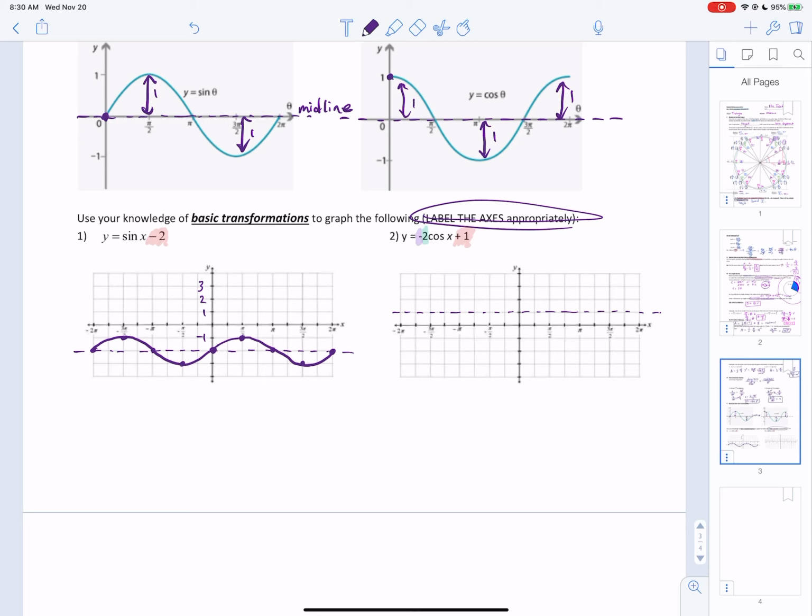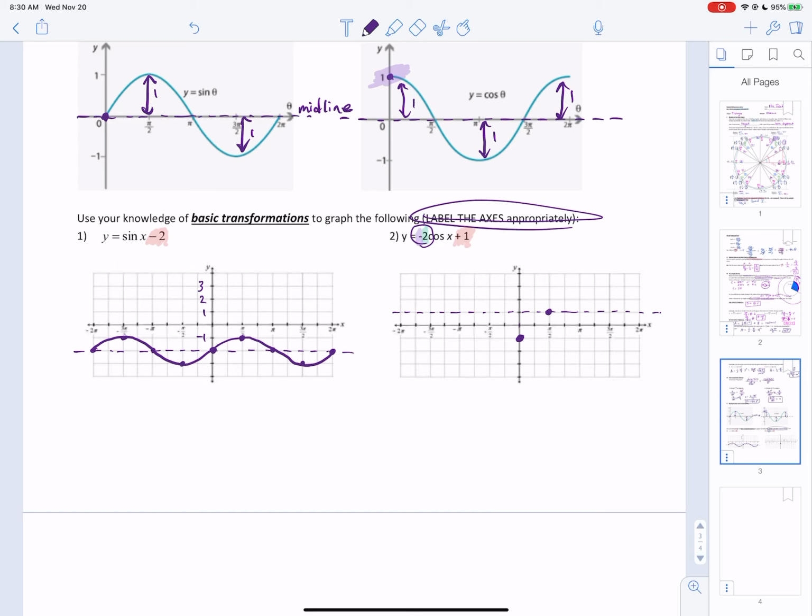So normally in cosine, we start at the very top of a hill. For this one, we need to start at the bottom of a valley. So we are going to go to our midline. Instead of starting at +1, because of this -2 right here, we are going to start down 2 from the midline. So 1, 2. Then at pi over 2, according to our mother function, we are on the midline.